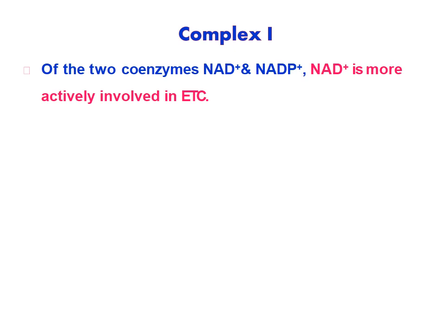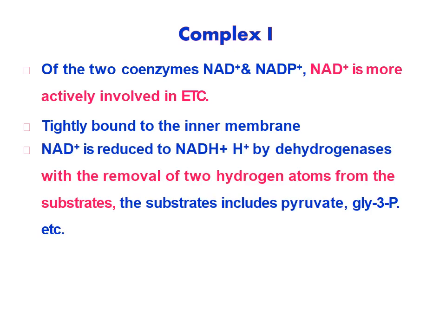What does complex 1 consist of? Complex 1 involves 2 coenzymes, NAD plus and NADP plus. NAD plus is more actively involved in the electron transport chain. This is tightly bound to the inner membrane of mitochondria. NAD plus is reduced to NADH and H plus by the dehydrogenase enzyme.